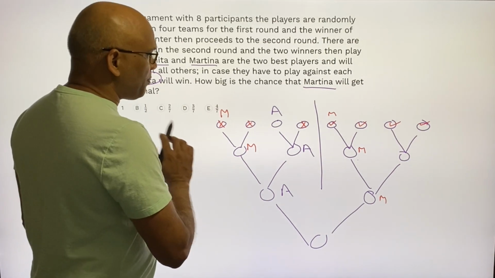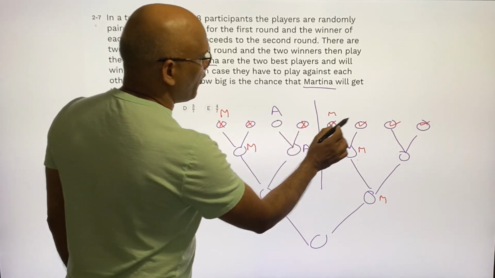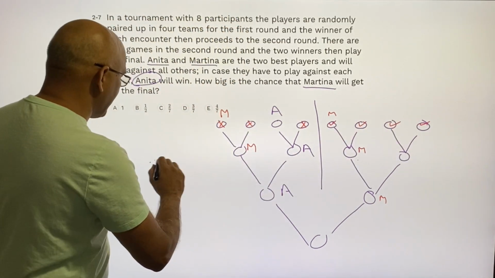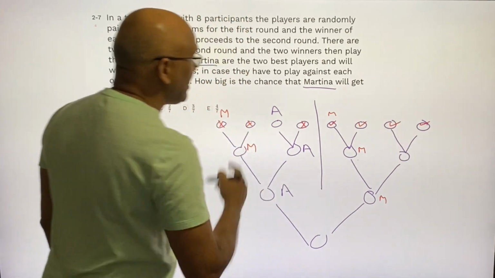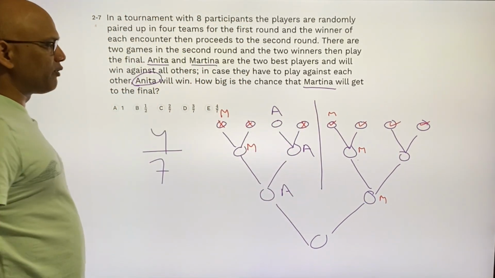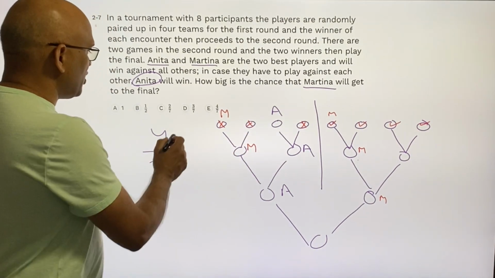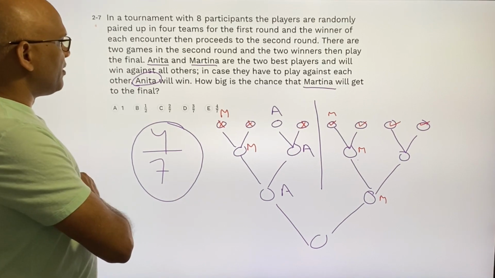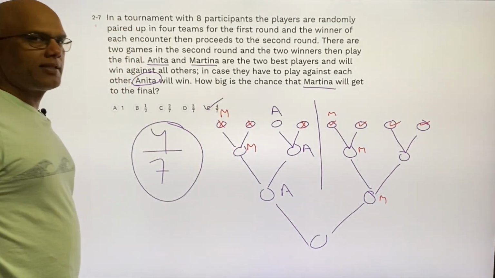So out of the 7 spots that are available for Martina, 1, 2, 3, 4, 5, 6, 7, there are total 7 spots available. Out of these 7, 4 will give her the chance to get to the final, and the 3 will not give her a chance because Anita is the best player. So the chances are 4 by 7, then E is the correct choice.